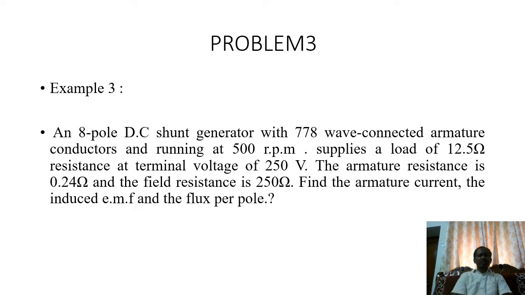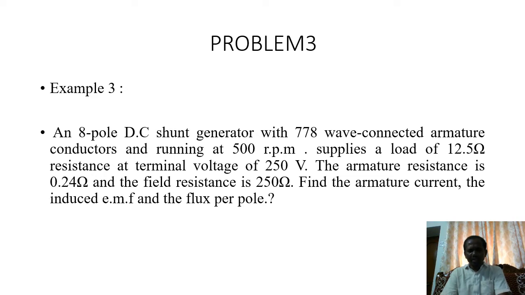So first of all you know that shunt generator diagram. So previously in the second problem we explained that the DC shunt generator which is having 8 poles, total number of armature conductors is 778, run at 500 rpm, supplies a load of 12.5 ohm resistance at a terminal voltage of 250 volt.